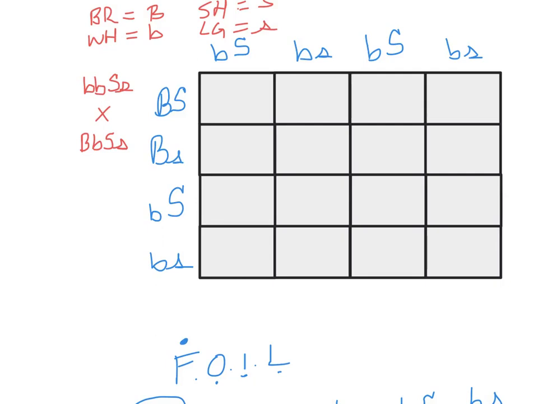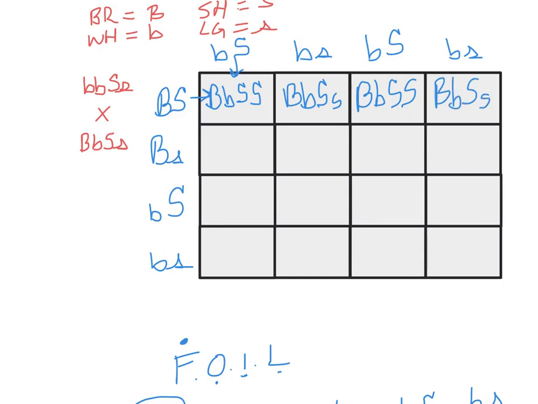This could be tricky because you're taking this set, moving it here, and this set, moving it in there. Try to group the letters together. Like for example, big B, big S, big S. This one would be big B, big S, little s, and this one would be big B, big S, little s.